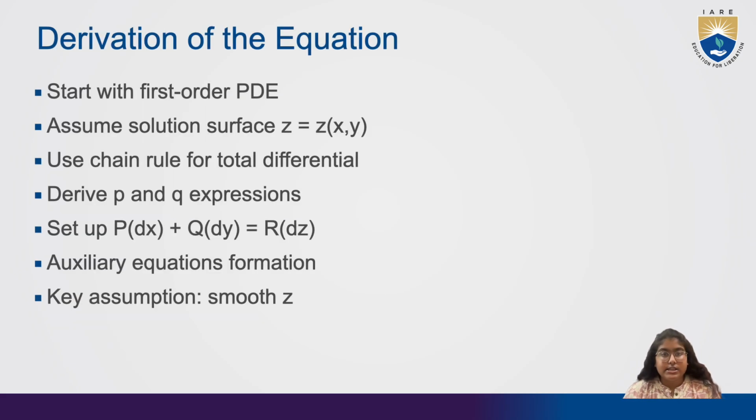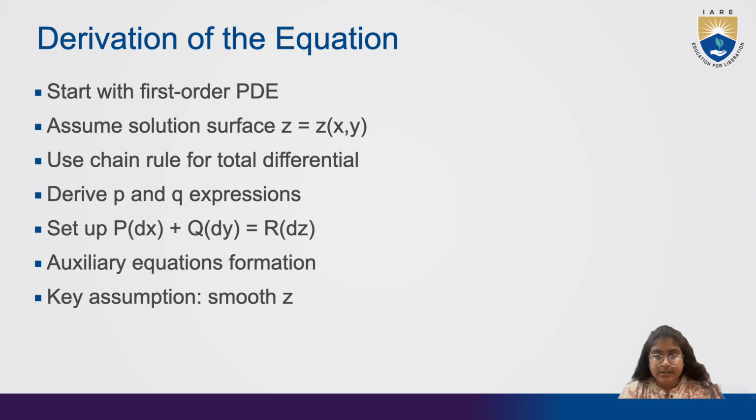Let us now discuss how this equation is derived. Suppose z is a function of x and y. By the chain rule, the total differential dz can be written as p dx plus q dy, where p and q are partial derivatives with respect to x and y. Now imagine that the relationship between x, y and z is governed by another constraint expressed in terms of the functions capital P, capital Q, and capital R. Setting up an equality involving capital P dx plus capital Q dy is equal to capital R dz, and rearranging it appropriately leads to the standard form.